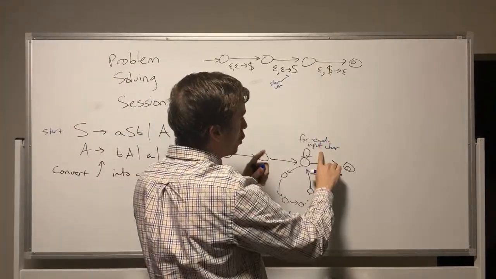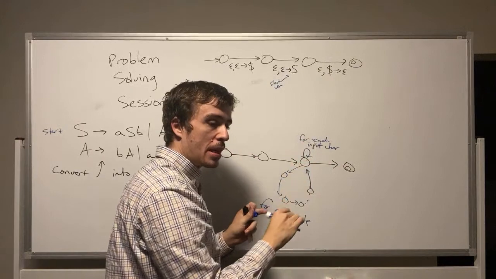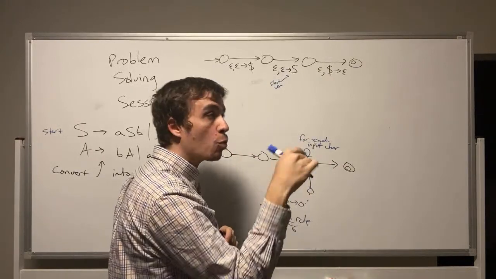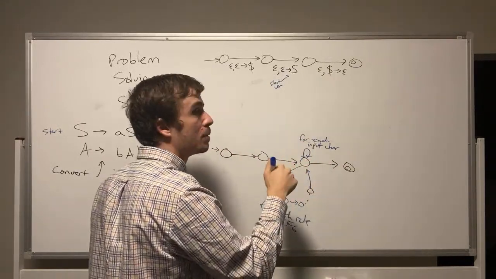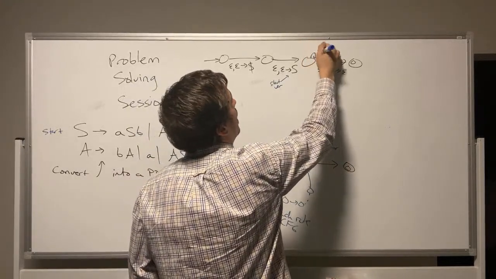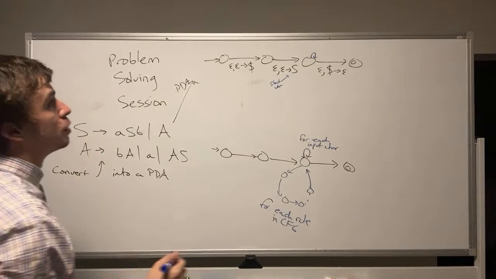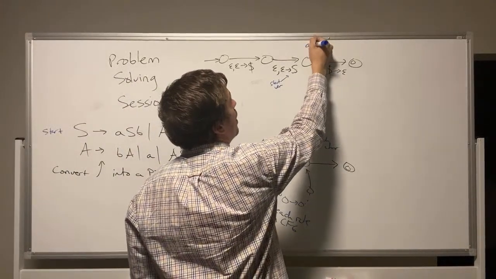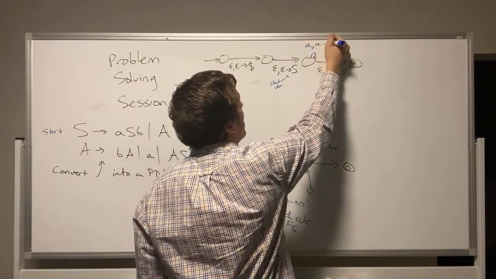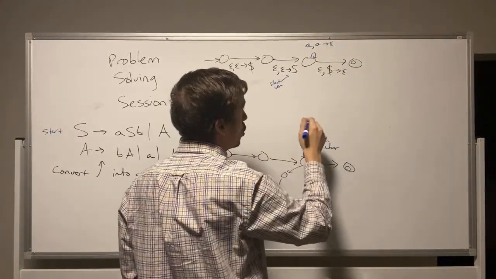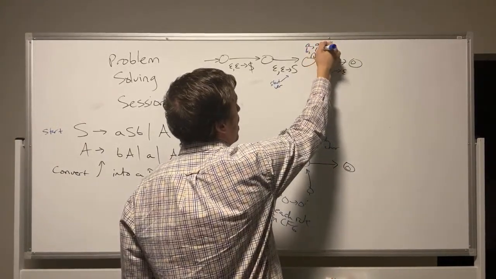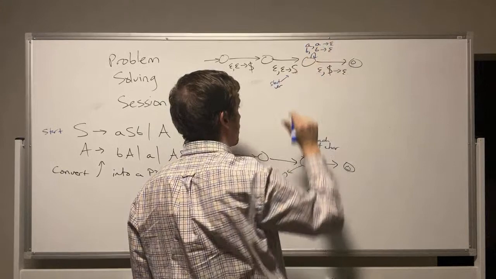All we do here is match up the input character with the thing that is being popped off the stack. So I'm going to have a bunch of self loops here. There are only 2 terminals here, so I'm going to have A pop off with A and push nothing, and then B pop off with B and push nothing.